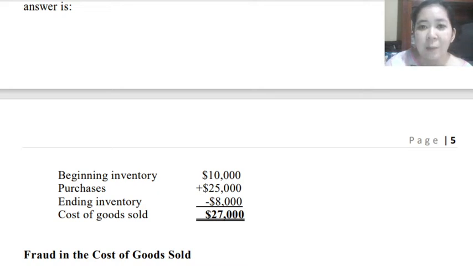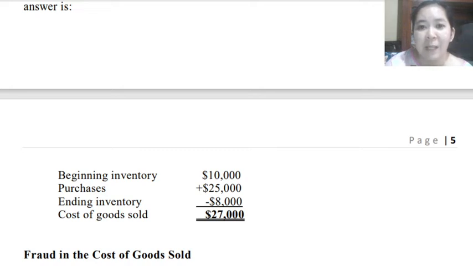Here, we will add the beginning inventory with the purchases. This is, I think, a merchandising type of business, because we have the purchases account. They do not produce their own inventory. They just purchase it from a supplier and resell it. That's why we will use this formula.